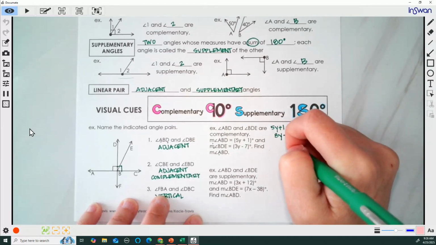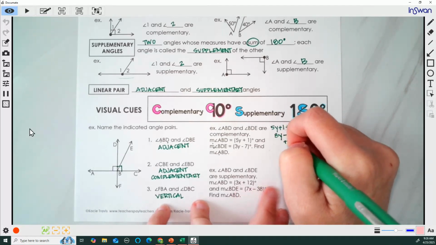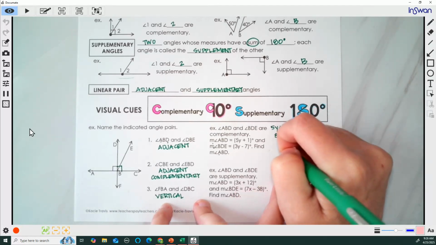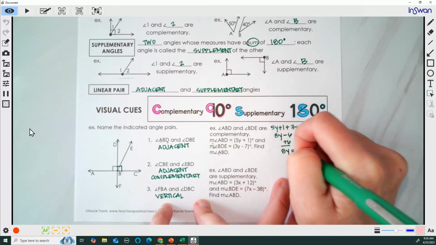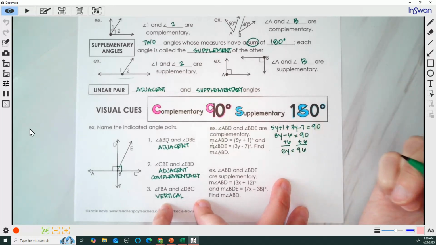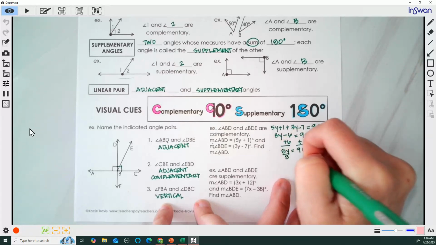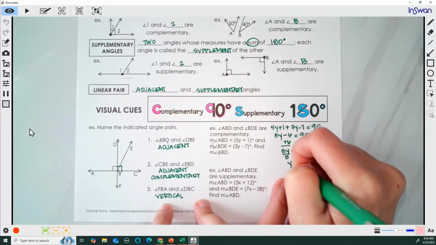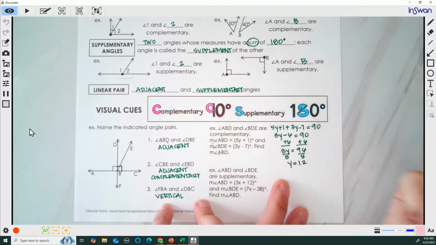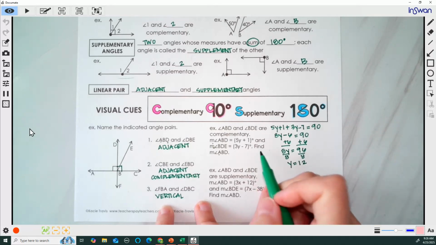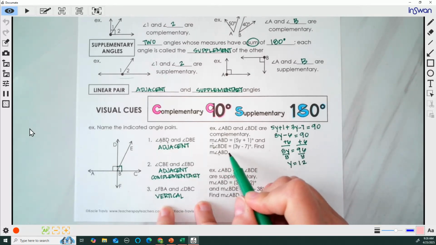I'm going to add 6 to both sides. Divide both sides by 8. And I find that y is equal to 12. That's not what the question's asking though. It wants me to find the measure of angle ABD.